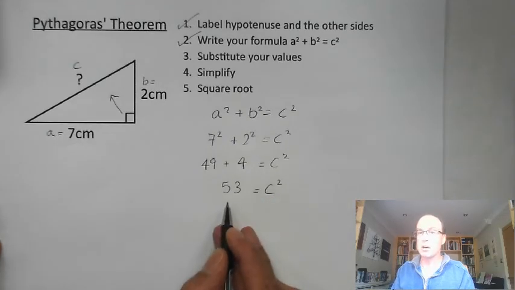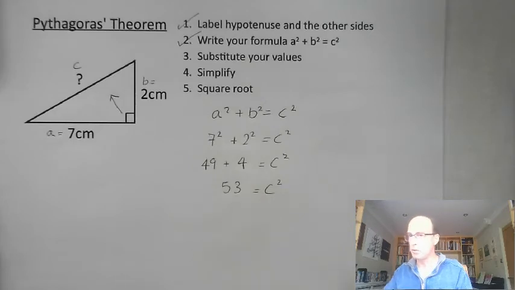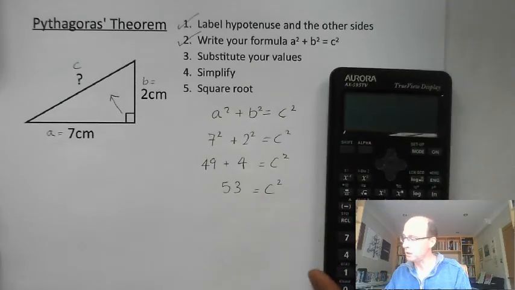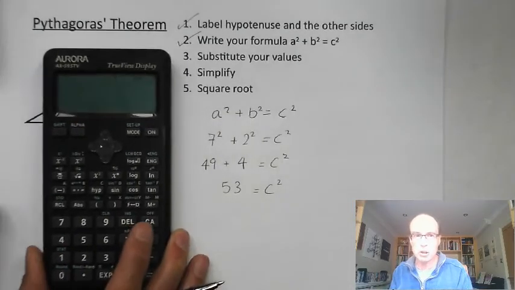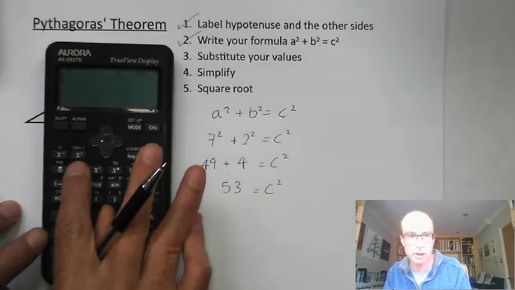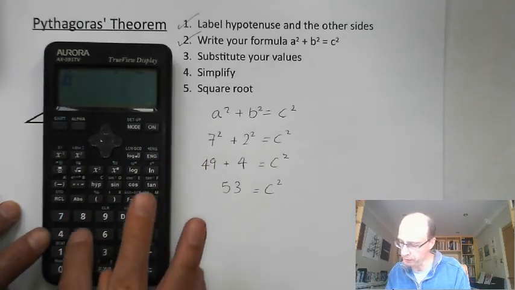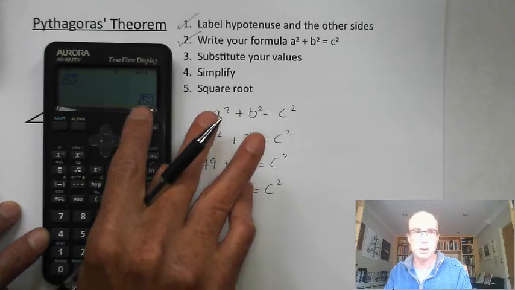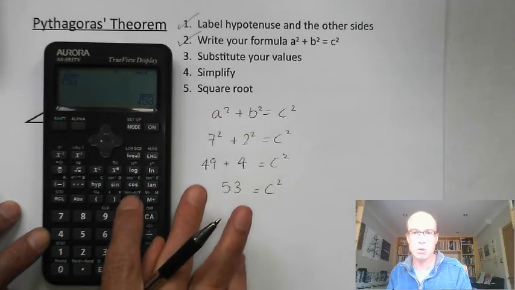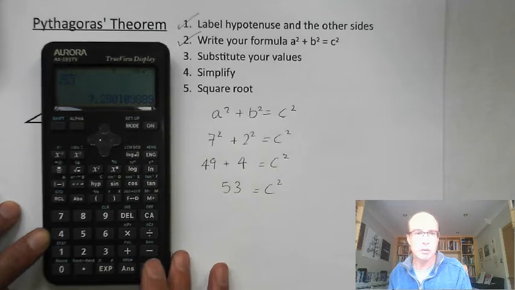Now that one's not going to be a nice number, so there isn't a whole number that's going to square to give me 53. I'm going to need my calculator, make sure it's switched on. I'm going to use the square root button, which is this one over here. So we're going to do square root of 53 is equal to, calculator's giving me a fraction, so I'm going to use my S to D button, and that's going to give me an answer of 7.28.